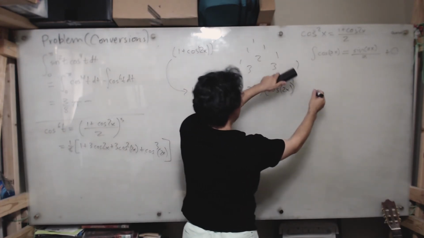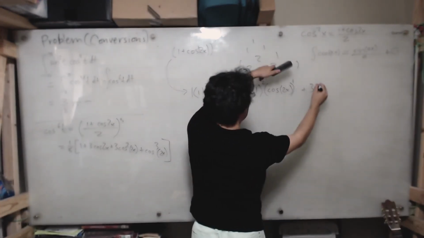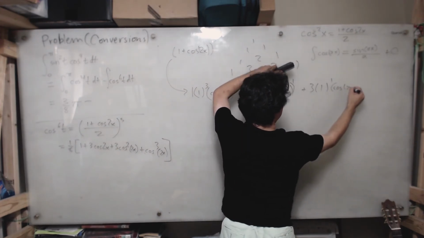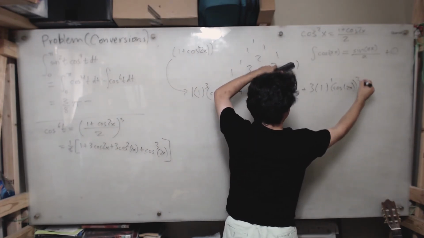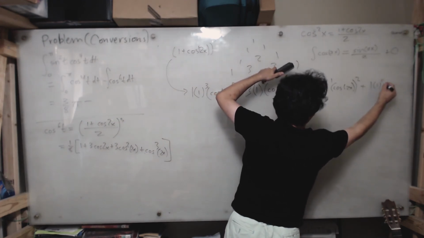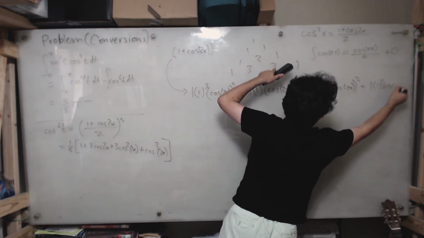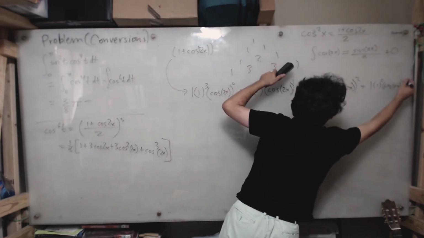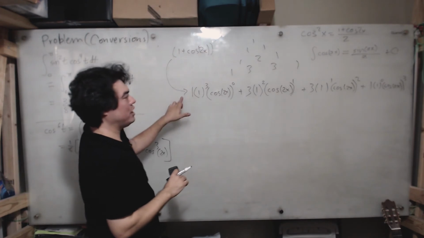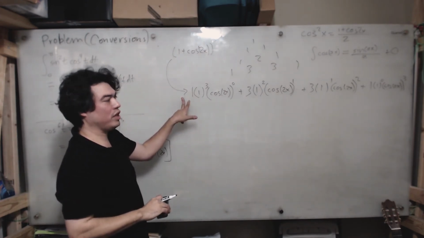And then plus 3, plus 1. And if you notice, using the Pascal Triangle, I was able to do this very rapidly.